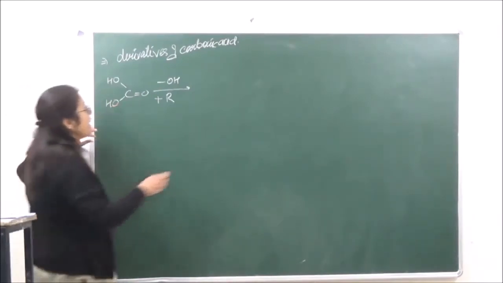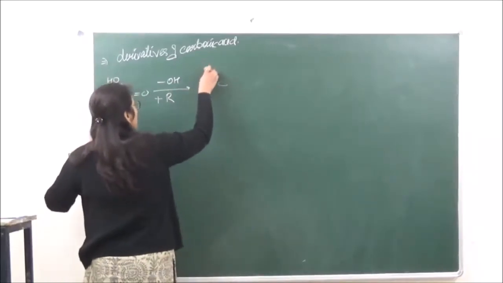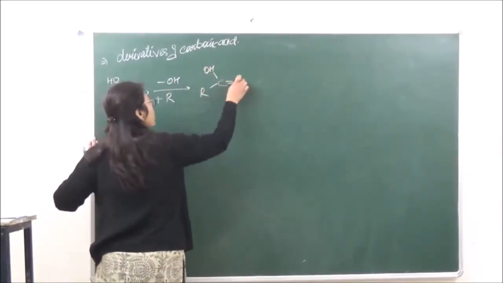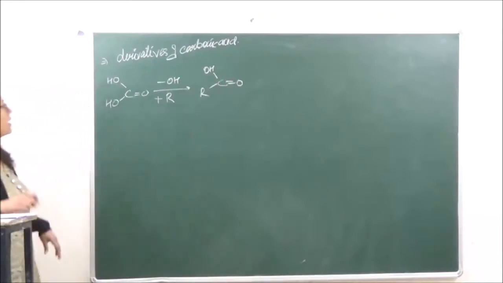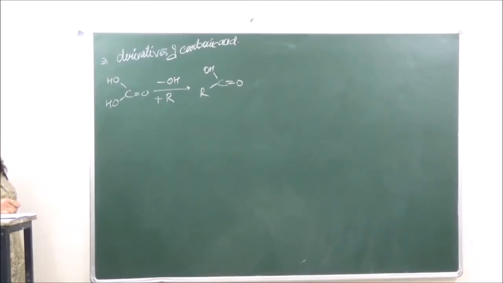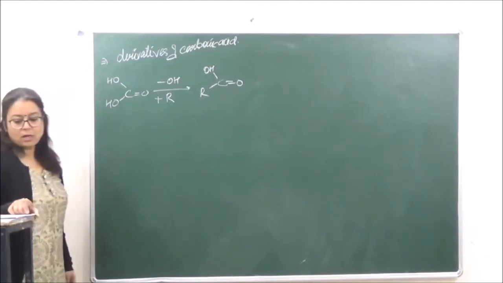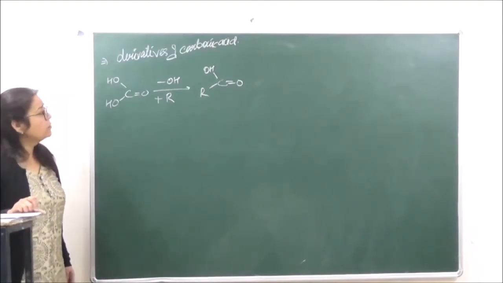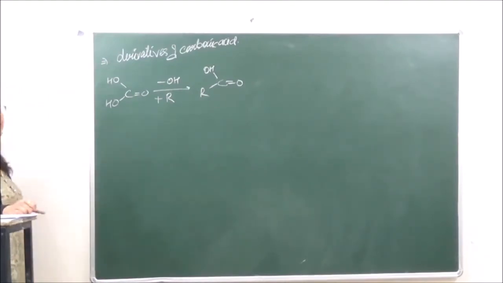So what are we going to get here? We will get C(OH)R double bond O, which is the carboxylic acid. What is this carbonic acid? It is H2CO3. That is what carbonic acid is. So this is how carboxylic acids can be derived.